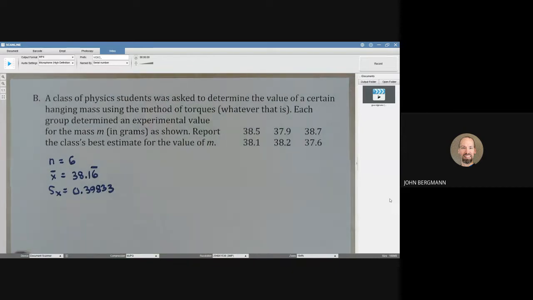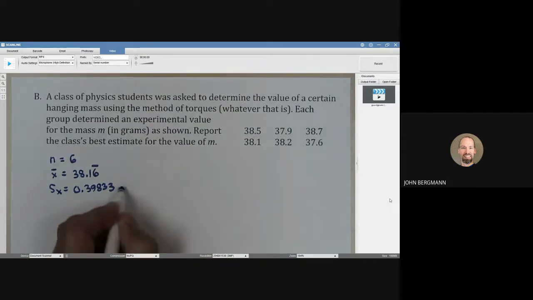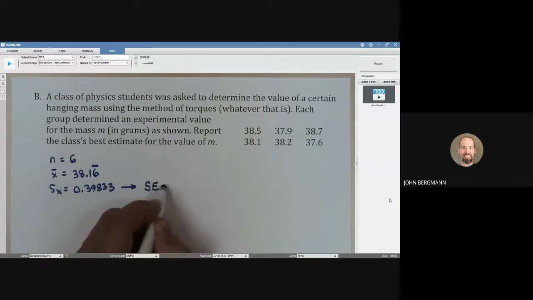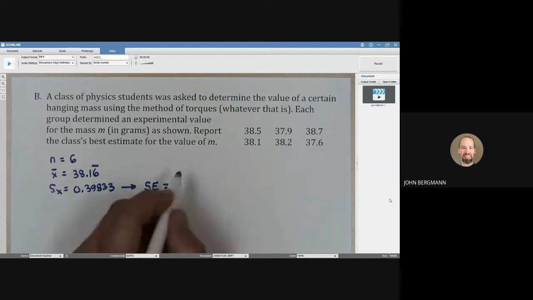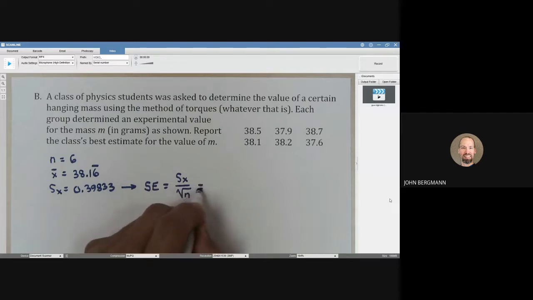From the S sub x, we're going to calculate the standard error. Sx is not the standard error. What we want is the standard error, which is found by taking Sx divided by the square root of the number of data points.